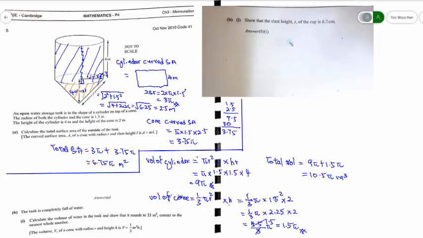Now, show that the slant height of the cone is 8.2.